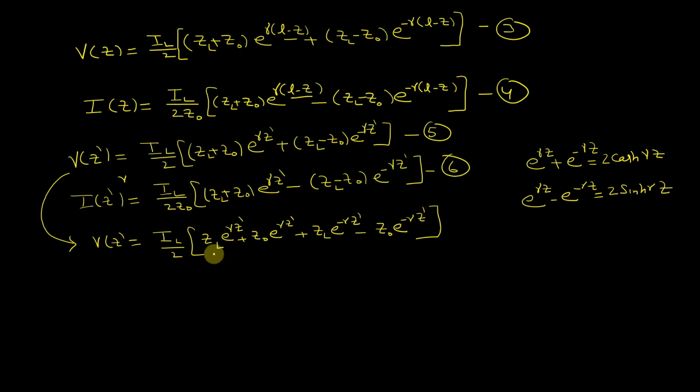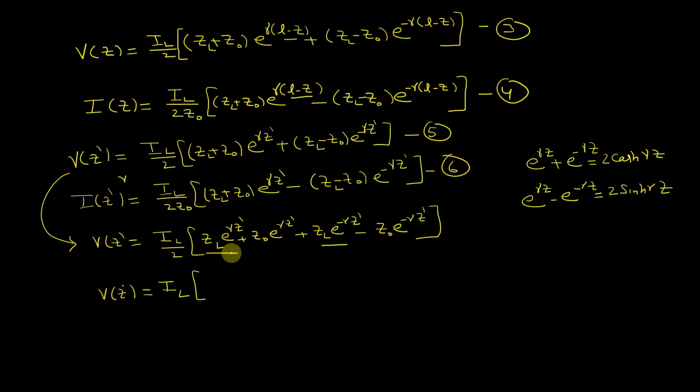Now for this term and this term, take ZL common, and take this 2, and you can write Vz dash is equal to IL.